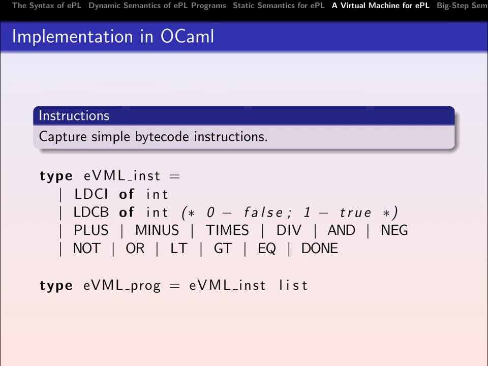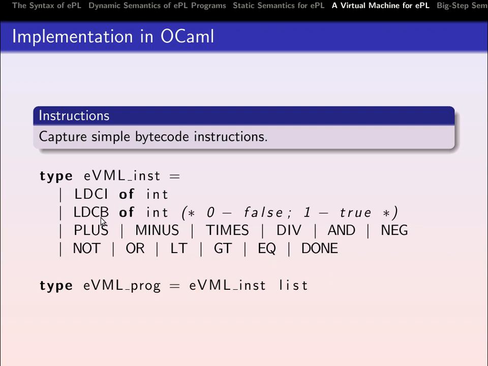For OCaml, we are going to have to represent the instruction as a type. So this would be what an EVML instruction looks like. The opcode is LDCI. We call this an opcode, and it typically has an argument. So LDCI does happen to have an argument, which is an integer.